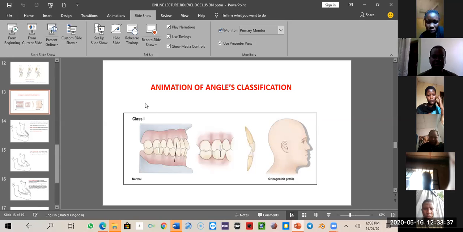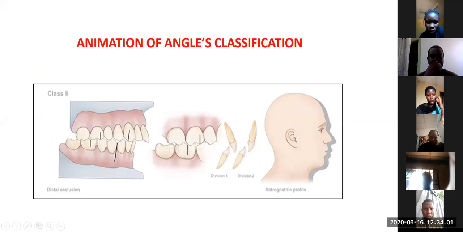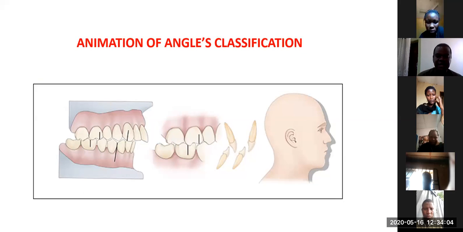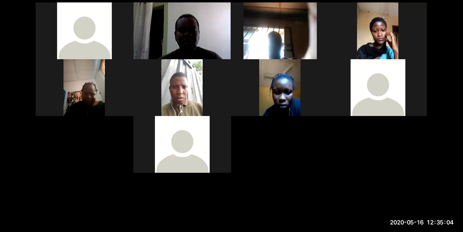This is the animation that explains the Edward Angle classification of occlusion. Okay, sorry. Like I told you, this is class 2. Begin to understand it this way. Sorry for the break in transmission.